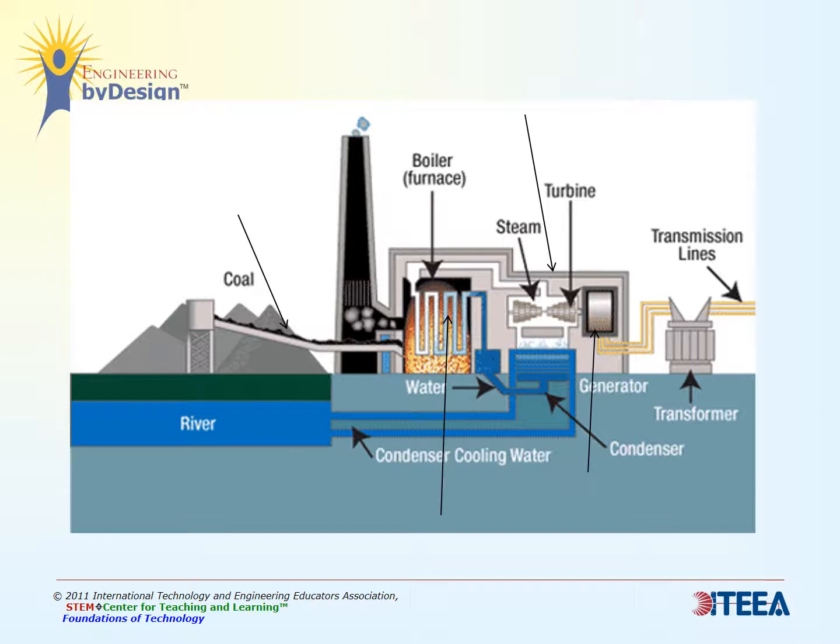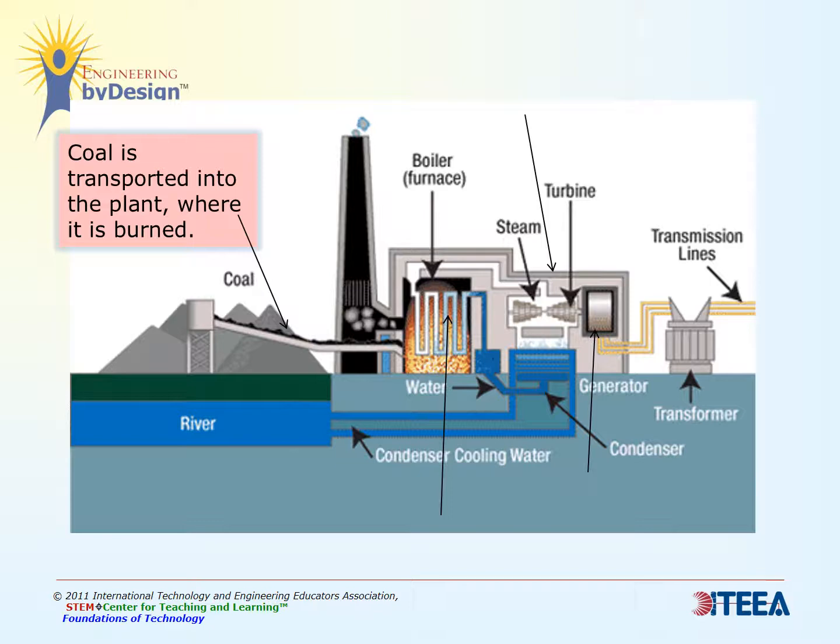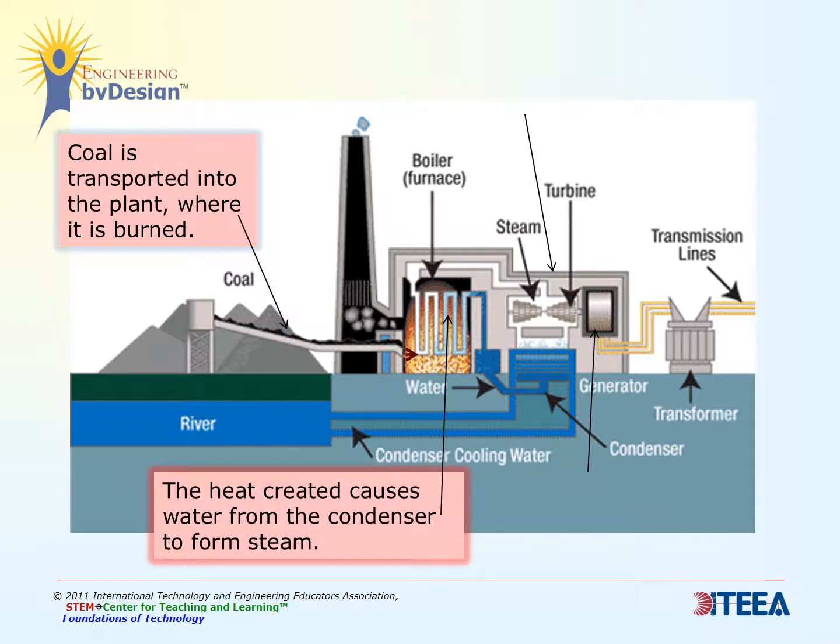Now there's a larger version of the chart we just looked at. Coal is transported into the plant. It's going to be burned there. Next, the heat created causes the water from the condenser to form steam.